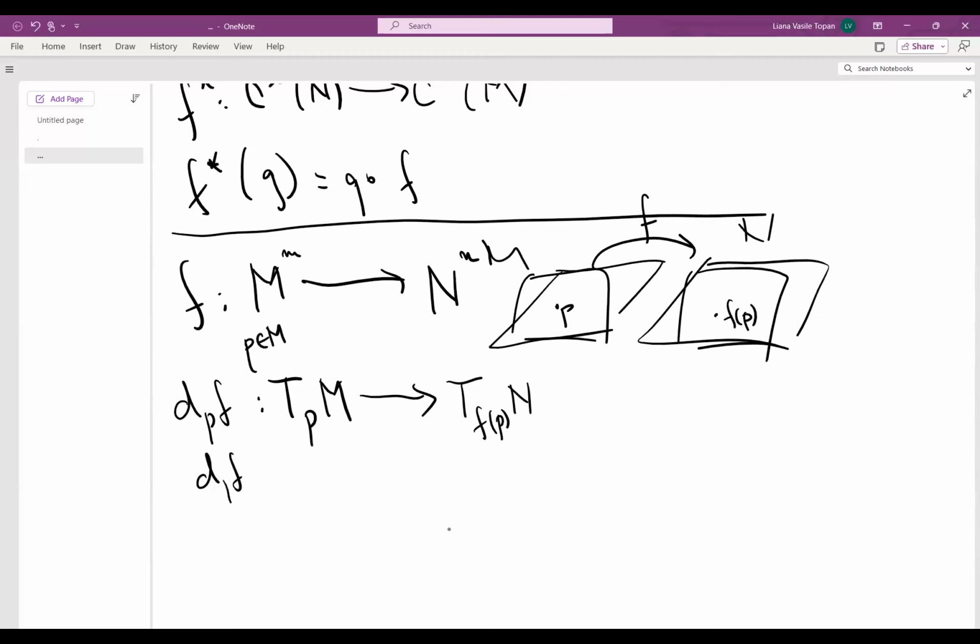So a tangent vector at P to the manifold M, xp, will be taken into a tangent vector at f of P to the manifold N, and the definition was xp composed with f star, the pullback of f.